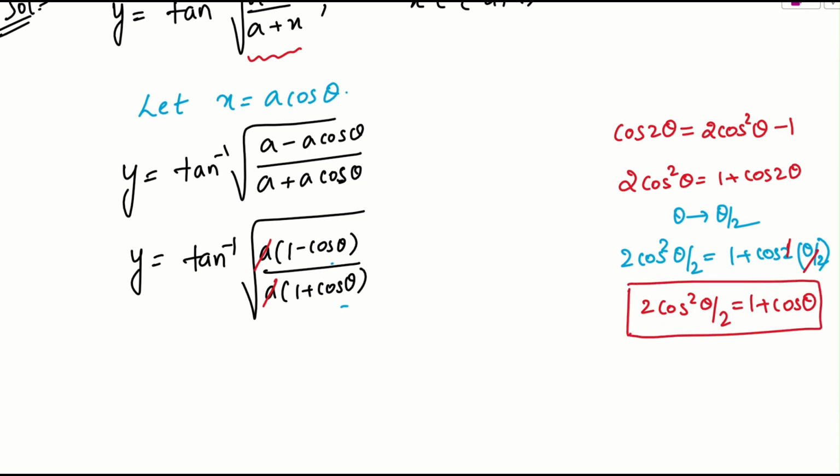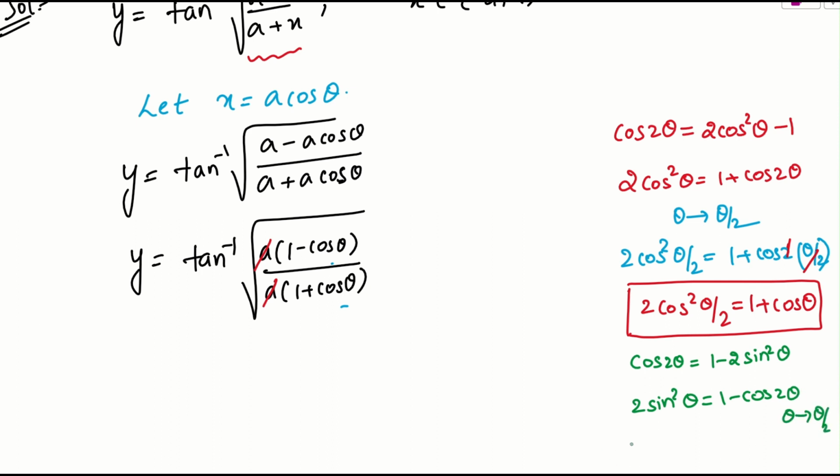Let me give you one more formula. We can say that cos 2 theta equals, in terms of sine, 1 minus 2 sine square theta. Agree? So with the help of this, I can say that 2 sine square theta must equal 1 minus cos 2 theta, right? So simply replace theta with theta by 2.